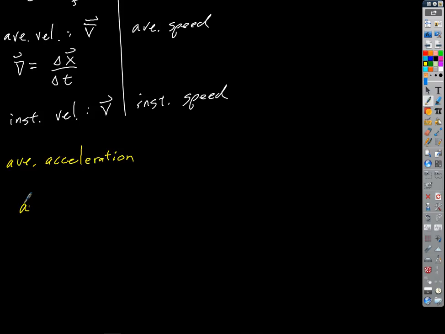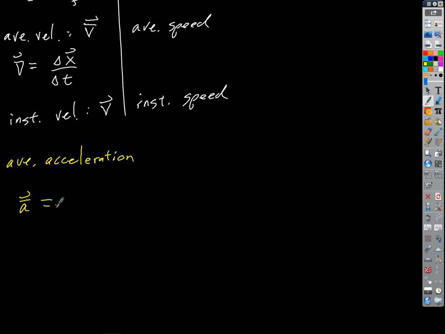And so we're going to call that A bar. We'll almost never talk about instantaneous acceleration. So most of the time we'll just leave the bar off and just know that if we say A vector acceleration, we mean average acceleration. So what do you suppose the definition of that is?